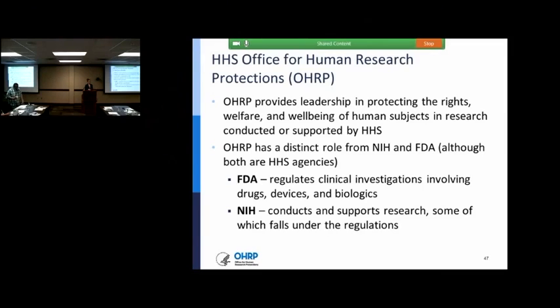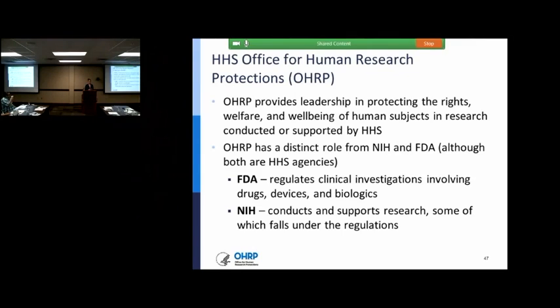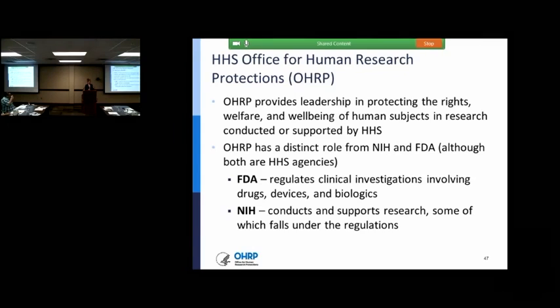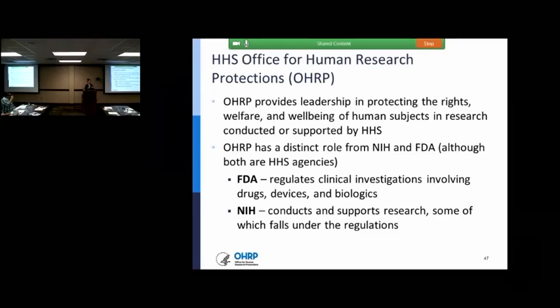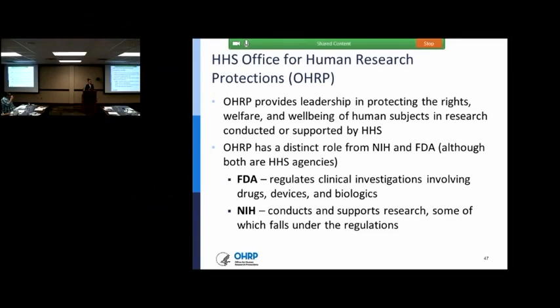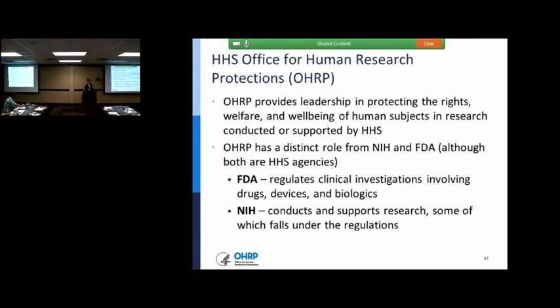But the FDA has its own set of regulations that are specific for the type of work that it does, because they regulate clinical trials that involve drugs, devices, biologics. They have certain features that they need for their regs, whereas NIH, in the research that it sponsors, actually has to comply with our regulations if it involves human subjects.